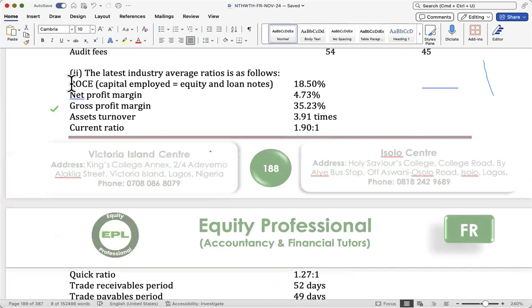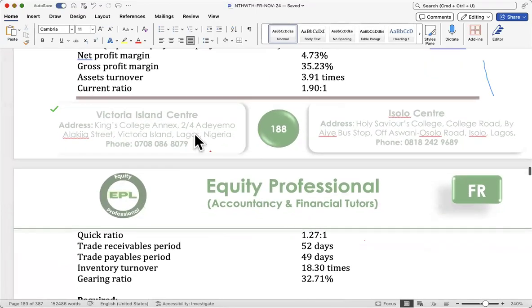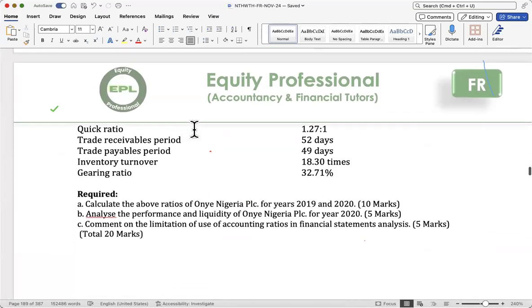I was telling you that the examiner will always give you capital employed. So they gave us the capital employed as equity and loan notes. If I may ask, what are you going to use as your profit? That will be your PBIT, profit before interest and tax.